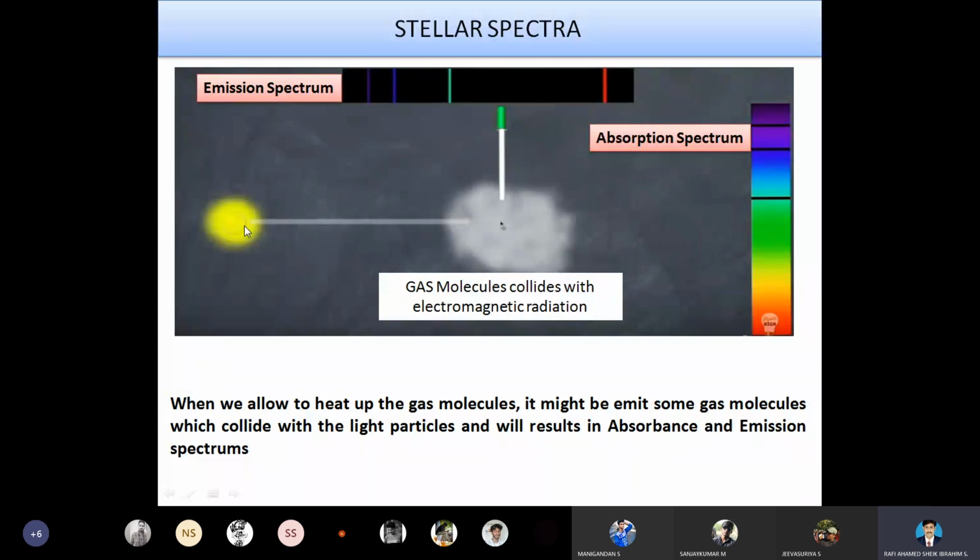So what happens when the radiation falls on the surface energy? It will be absorbed, and as a result we can see that there are emission spectra as well as absorption spectra. The emission spectra take place in addition to the absorption spectra.